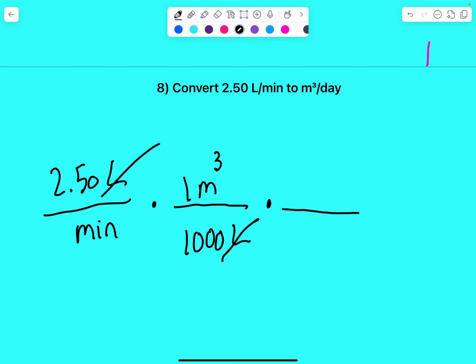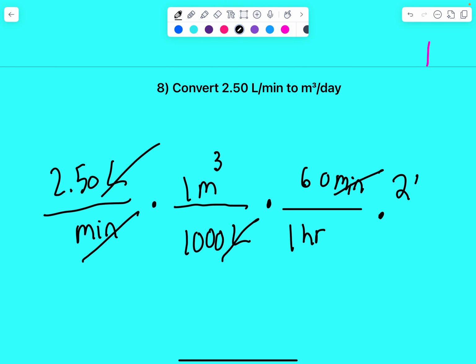I know also that for every 1 hour, there are 60 minutes, right? So I canceled out the minutes. So I have meters cubed over hours. But I don't want hours, I want per day.